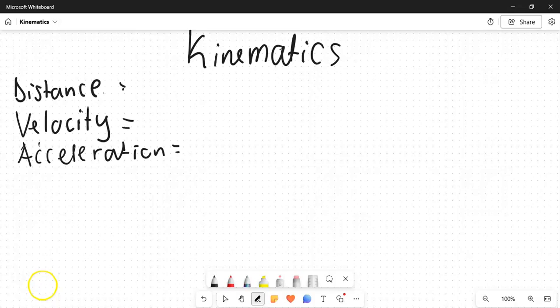All of these three things are what we consider in kinematics, and each one has its own function.